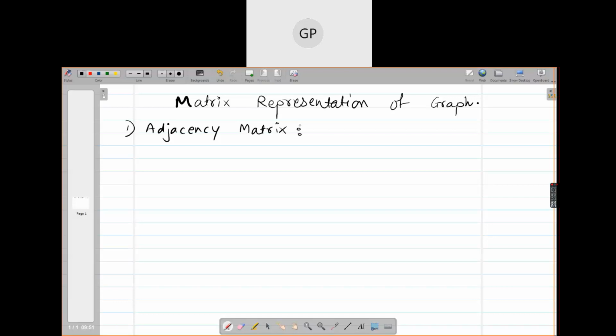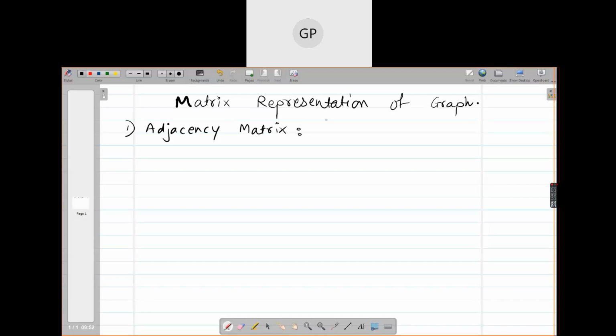If there is a loop at a particular vertex, then we represent that by 1 at that particular place. So we have to use certain conventions. Let us first write what is an adjacency matrix.